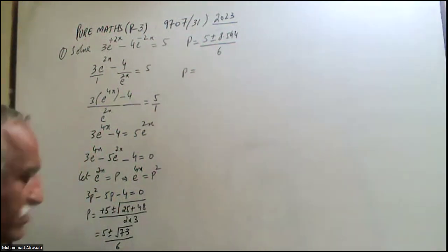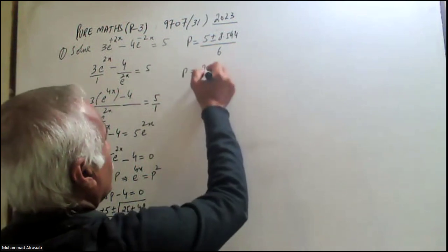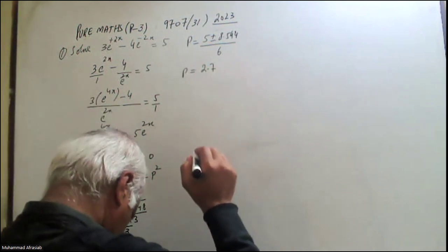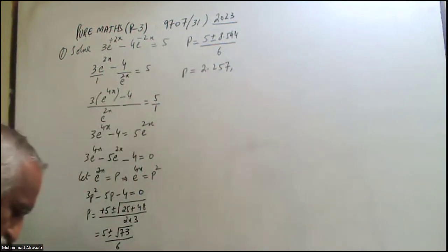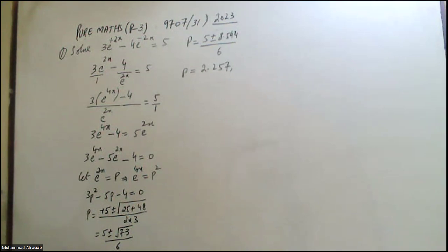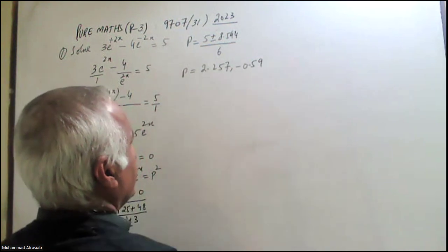Our p value after doing this calculation is 2.257, and the next is minus 0.59.